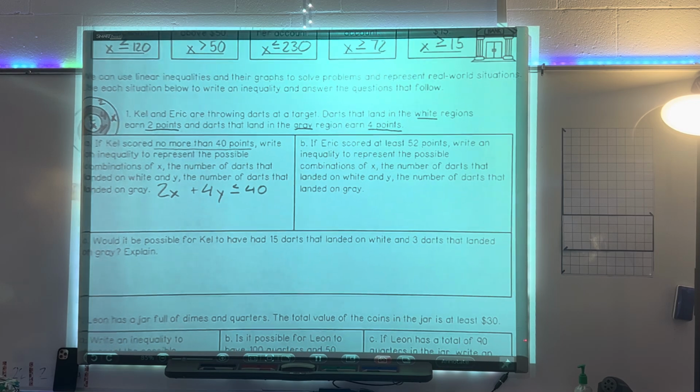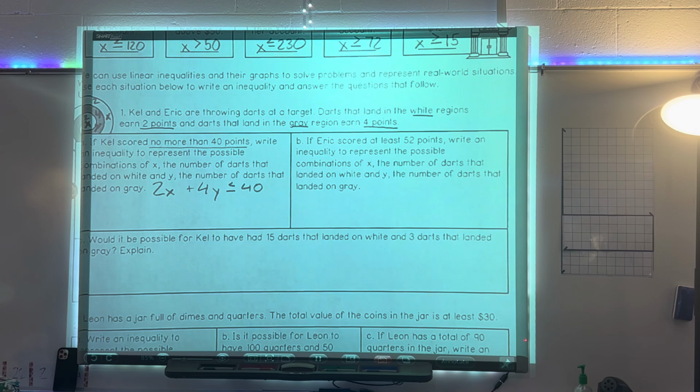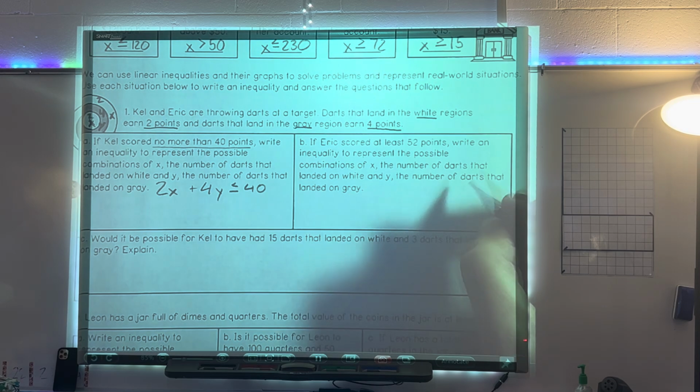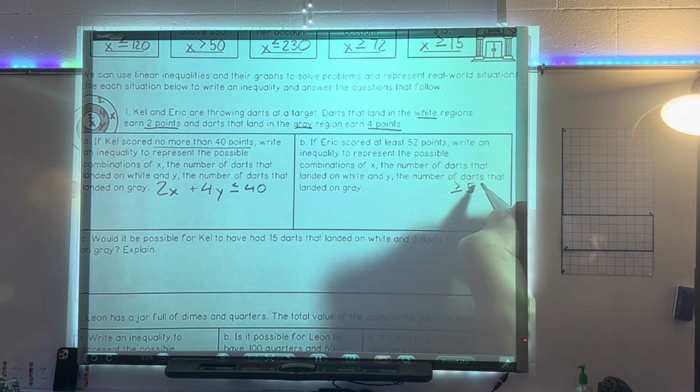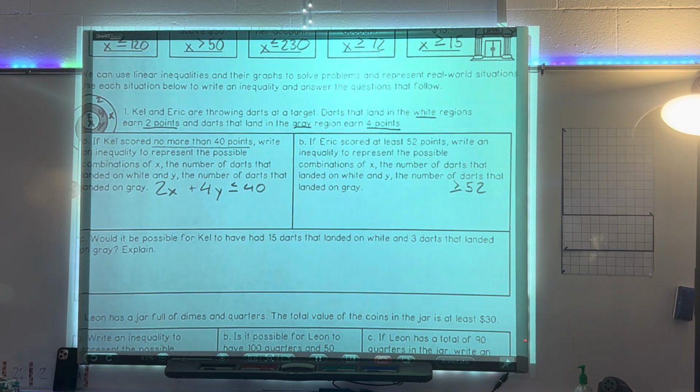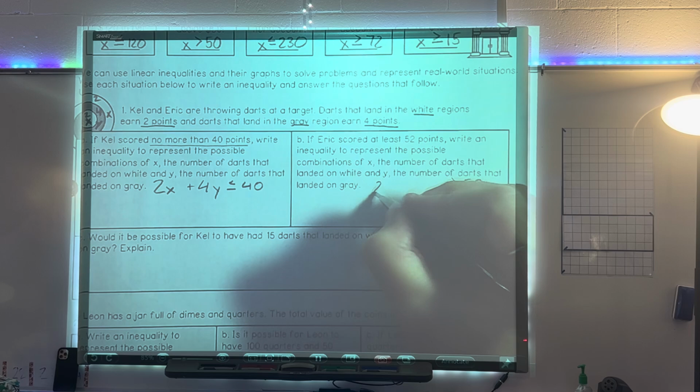Everybody all right with that one? All right, the next one. If Eric scored at least 52 points, write an inequality that would represent his. So at least 52. What do I know about this one? Something is going to be greater than or equal to 52. So what is my something over there? 2X plus 4Y.